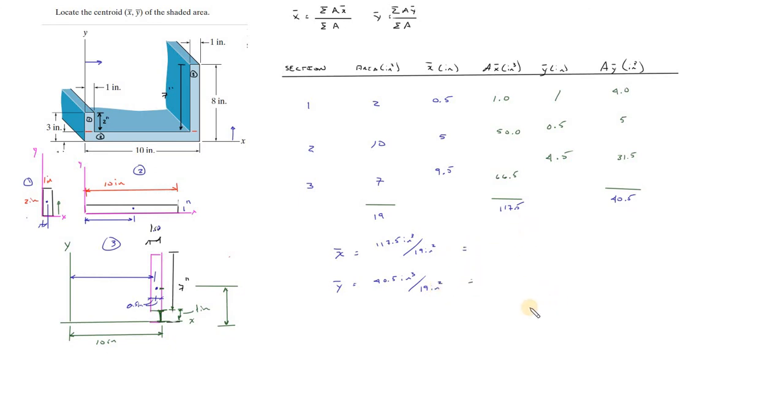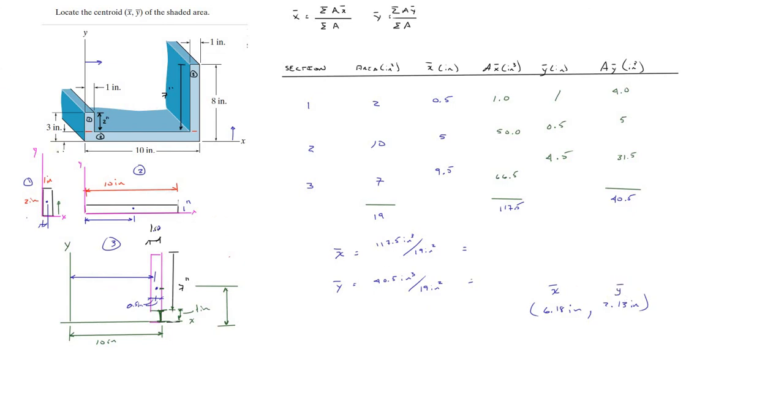So for x and y, let's go ahead and put our point notation, and definitely add our units. So 6.18 inches, comma, 2.13 inches. So this would be our x bar and our y bar.